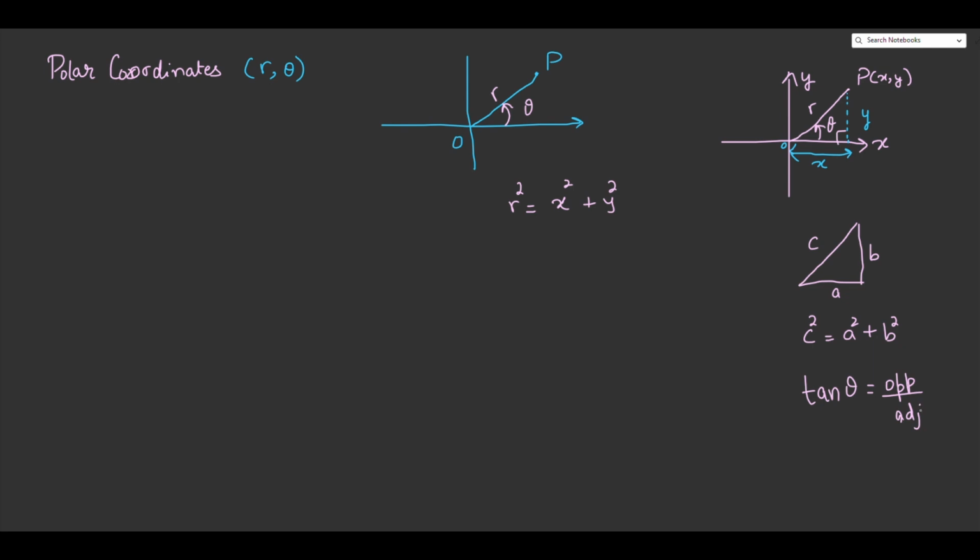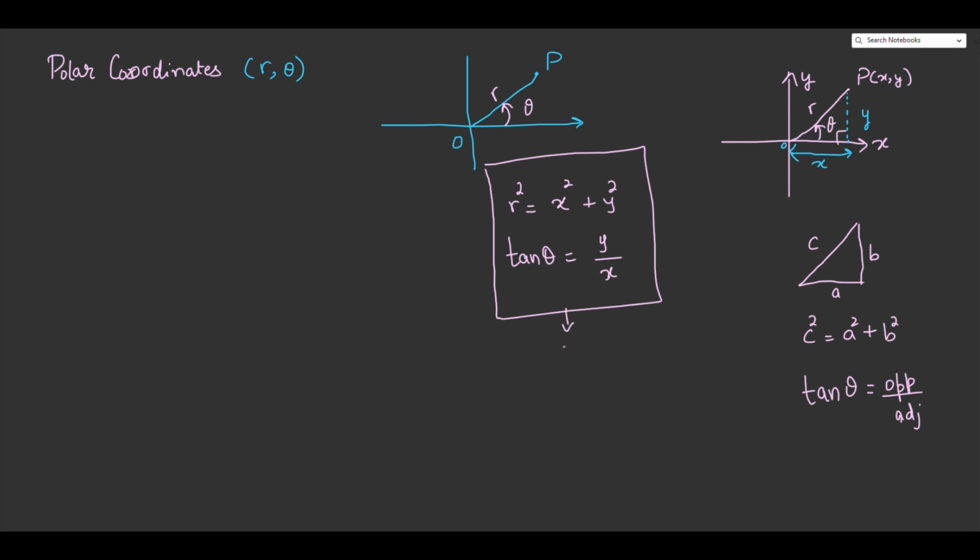Opposite over adjacent, meaning perpendicular over base. So from here, our second equation is going to be tan theta equals y over x. So these are the relationships between r and theta.